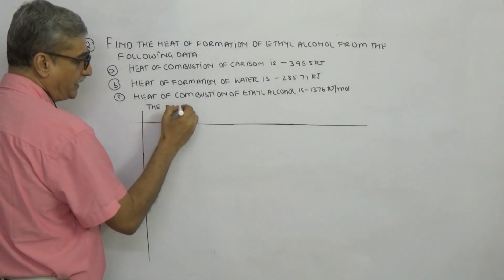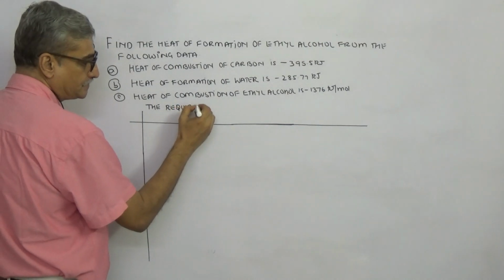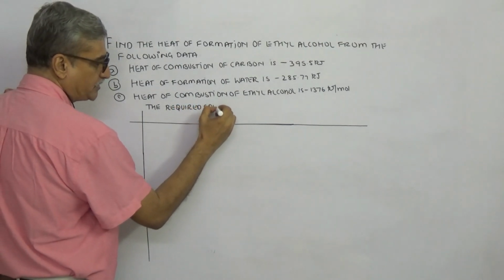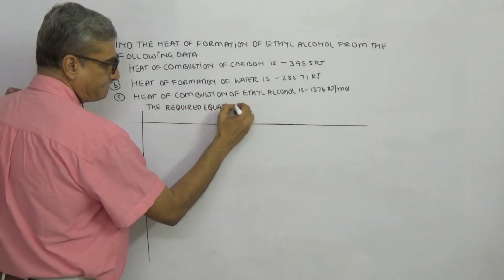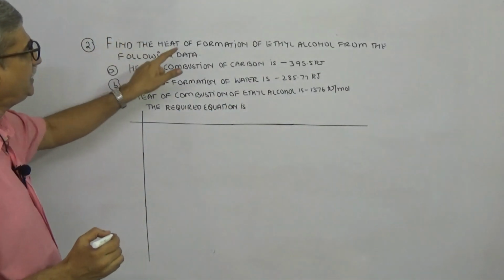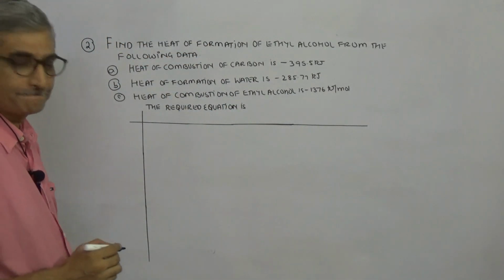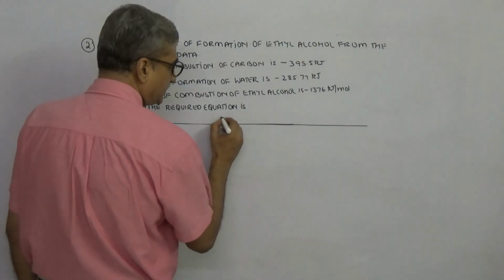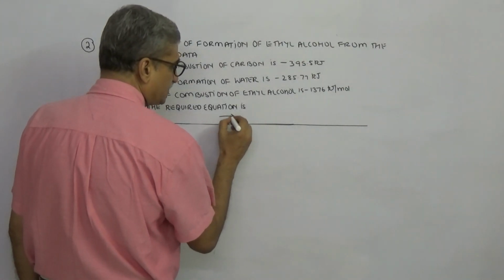The required equation is what we'll get from the question. Find the heat of formation of ethyl alcohol. So what is the required equation? Heat of formation of ethyl alcohol.